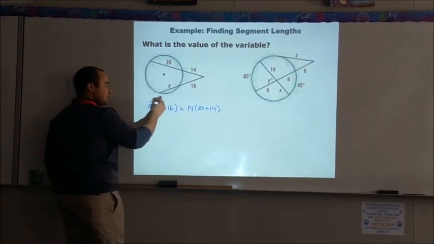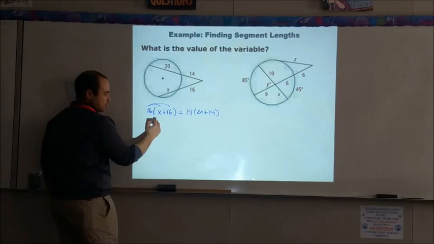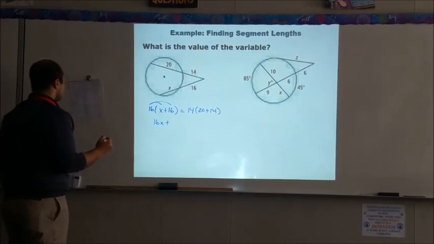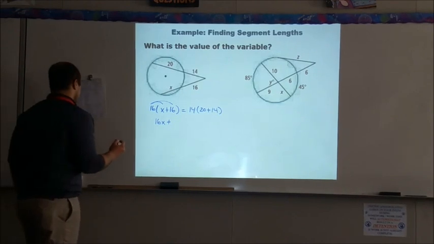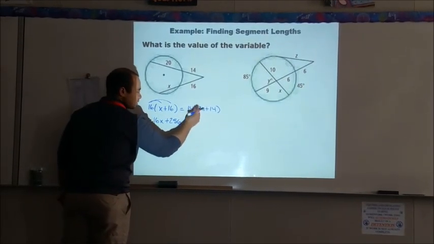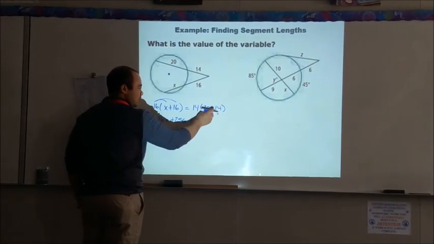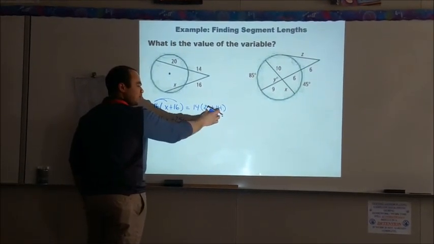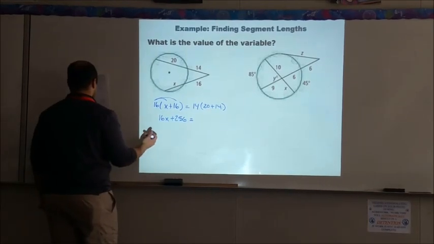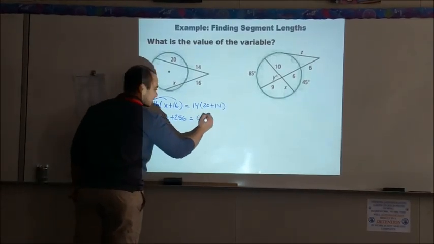So here we're going to have to distribute this. So this is 16x plus 256 equals, well, we don't need to distribute this yet. 20 and 14 become 34. 34 times 14 is 476.